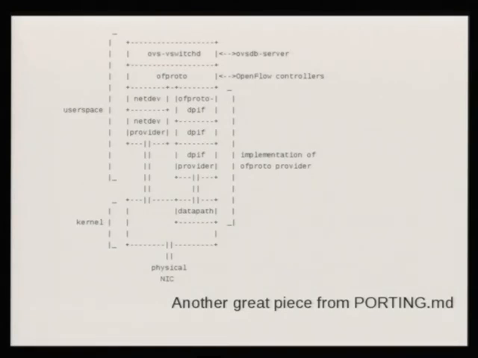You don't need to worry about writing a new DPIF provider or a new OF Proto provider. Everything is being done for you. So basically, one of the DPIF providers is DPIF NetDev, and how it works is that it reads packets directly from the interface, from the NetDev provider, and then deals with that. Okay, so I'll go into more detail for that.